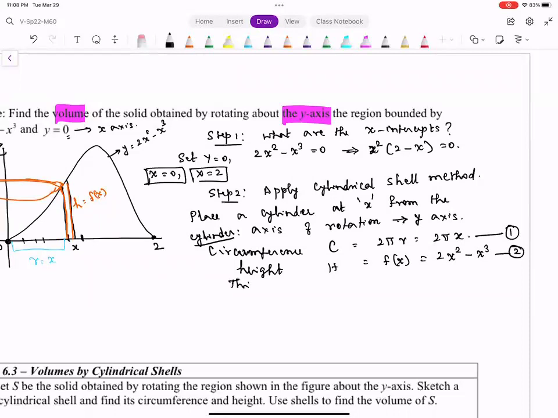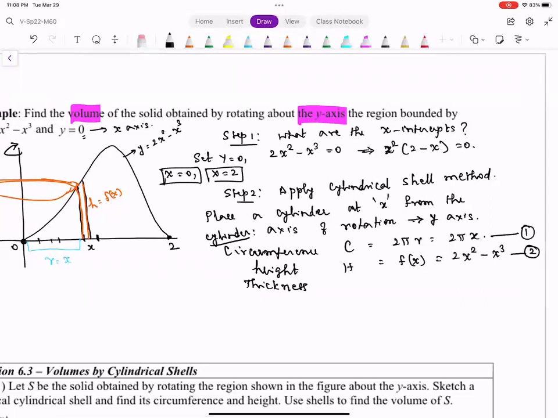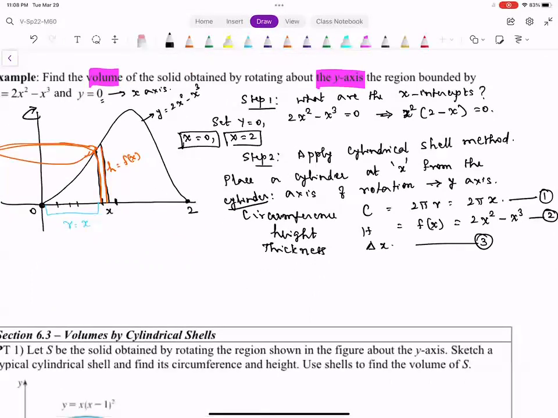Then you need the thickness. So the cylinder is placed along the x direction, so the thickness is going to be delta x. Now use the integral to evaluate the volume.